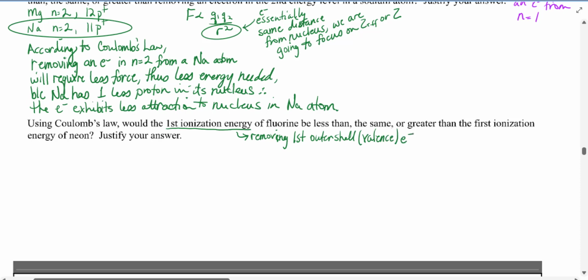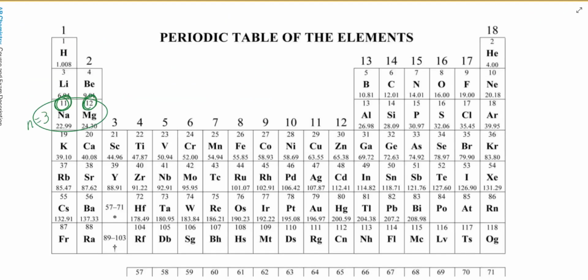That's the first ionization energy. The second ionization energy would be removing the second valence shell electron after you've already removed the first one. Okay, so would the first ionization energy of fluorine be less than, same, or greater than the first ionization energy of neon? So let's look at the periodic table, see where these guys are located.